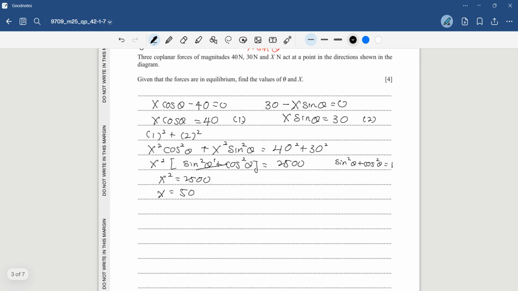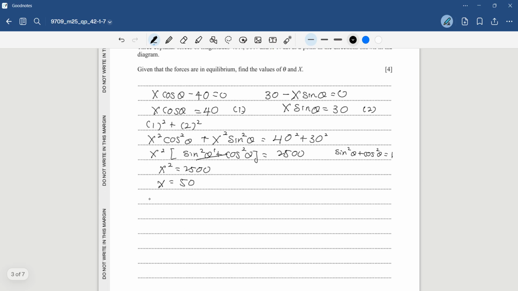To find the theta, I'll do equation number 2 divided by equation number 1. So it will be x sine theta over x cos theta equivalent to 30 over 40. Therefore, x and x you can cancel.